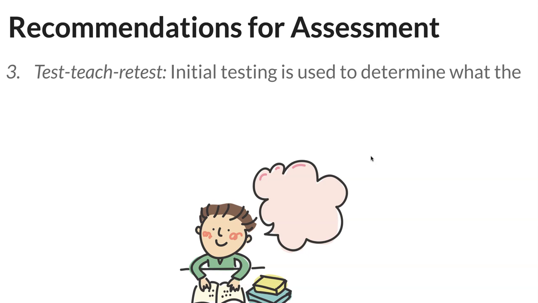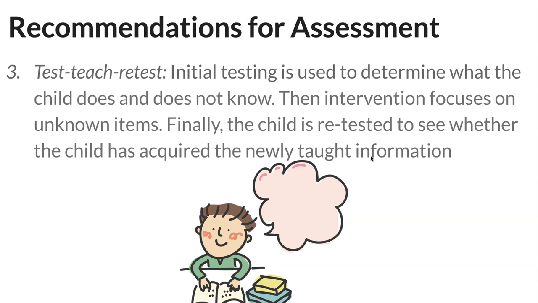And then the idea of test, teach, retest. So initial testing is used to determine what the child does and does not know. Then we're going to do a short intervention focused on unknown items, and then we're going to retest the child to see whether they have acquired the newly taught information.